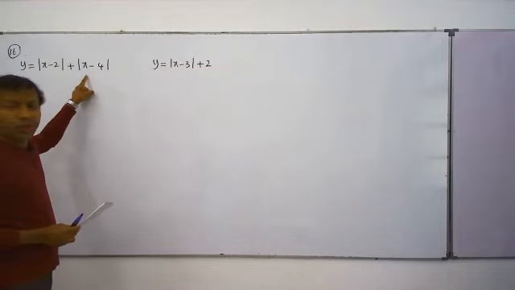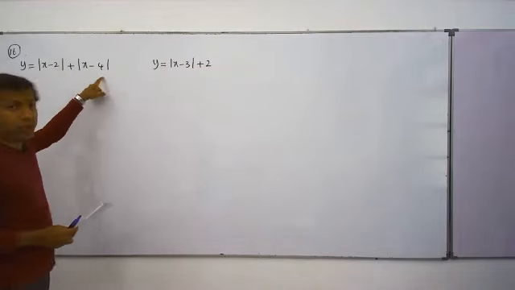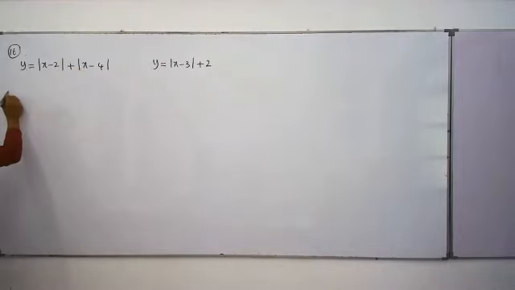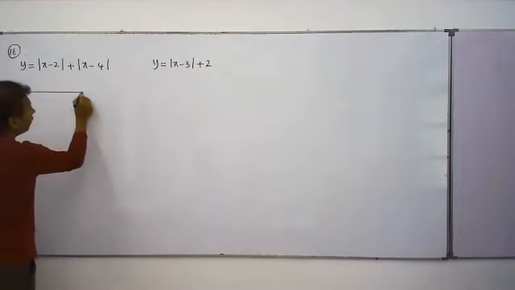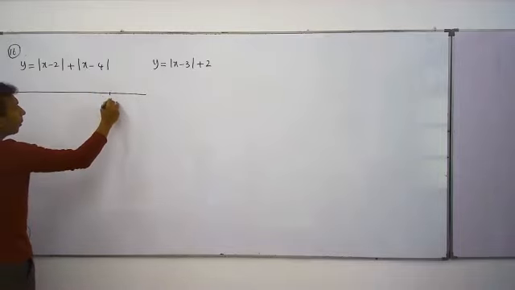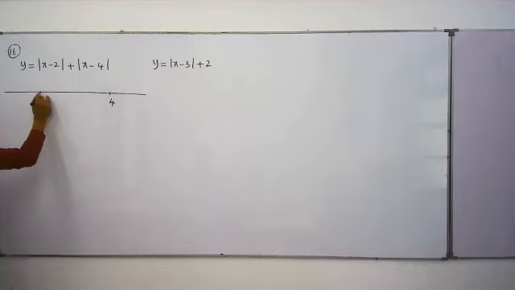People, to draw this one, we have to define both mod x minus 2 and mod x minus 4, right? Okay, and then I do it like this. Mod x minus 4 changes at x equals 4. This mod x minus 2 at 2.